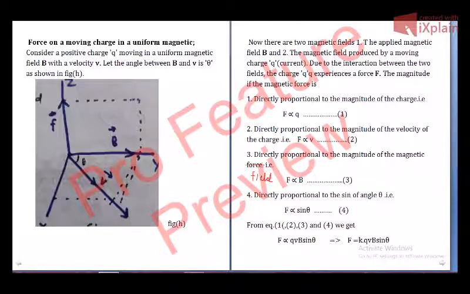In the region where the magnetic field is 10 Tesla, the charge will experience a greater force than in the region where the magnetic field is 5 Tesla.